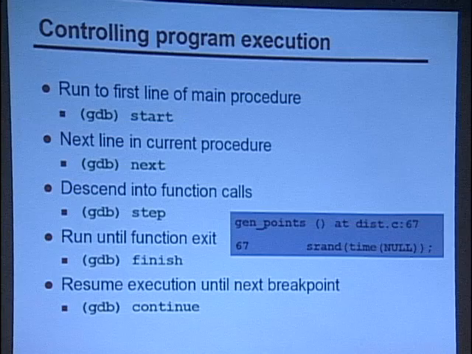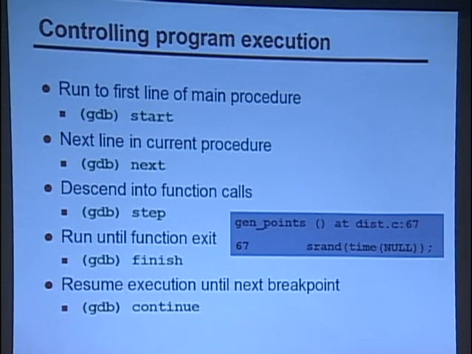But you can use a couple of these commands to actually go step by step through your program and wait for one line to be executed and then decide whether you want to look at the next line or not. If you want to do this kind of step-by-step execution, you start by using the start command instead of the run command, which will run continuously.